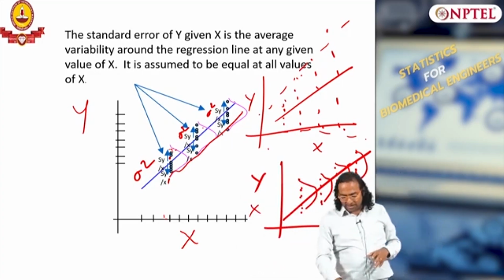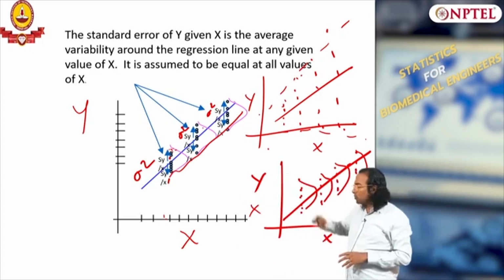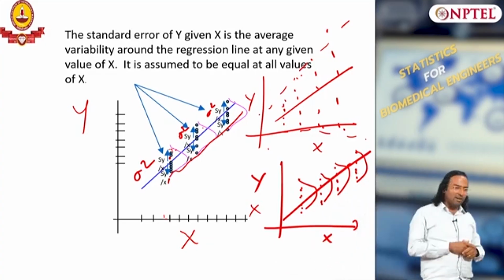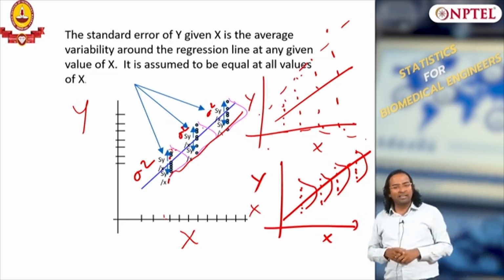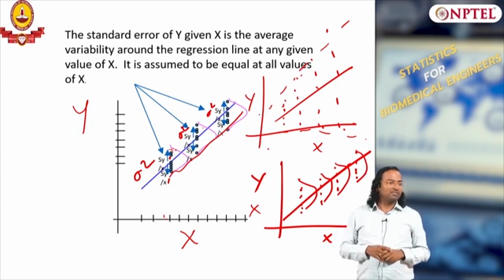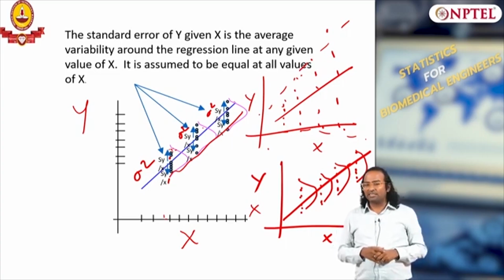So, if this variance starts increasing like the other figure I showed, y versus x, then you cannot fit what is known as a homoscedastic model like linear regression, you have to go to heteroscedastic models, okay, where the variance is not kept constant.